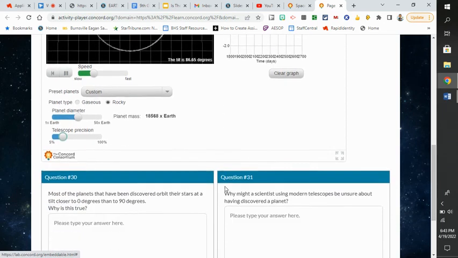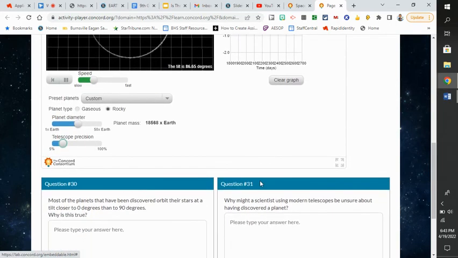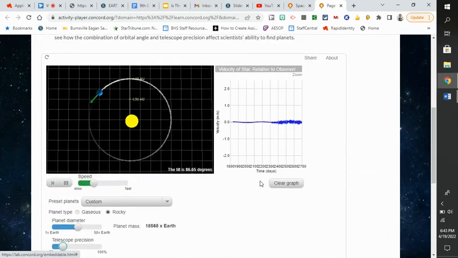Let's take a look at the questions. Most of the planets that have been discovered orbit their stars at a tilt closer to 0 degrees than to 90 degrees. Why is this true? And why might a scientist using modern telescopes be unsure about having discovered a planet? So hopefully there you're taking a look at the angle the planet might be and so on.